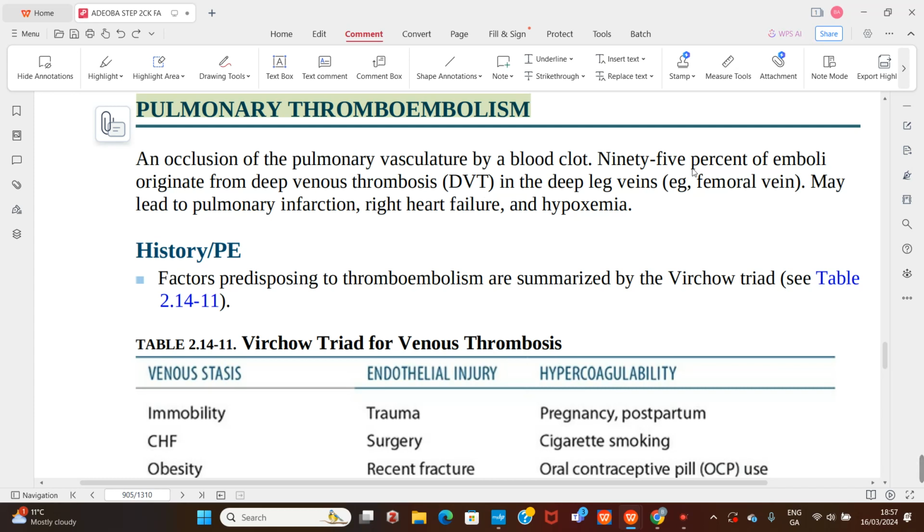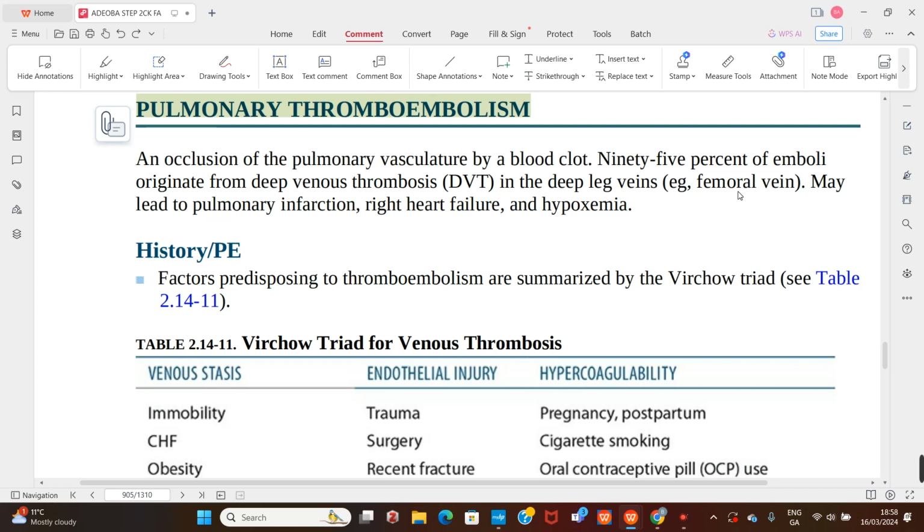And they can come from the femoral, they can come from the popliteal, they can even come from the iliac. But what I want us to know is that the higher up the clot, the more the tendency of PE. Most of them actually come from the lower veins, like maybe popliteal.